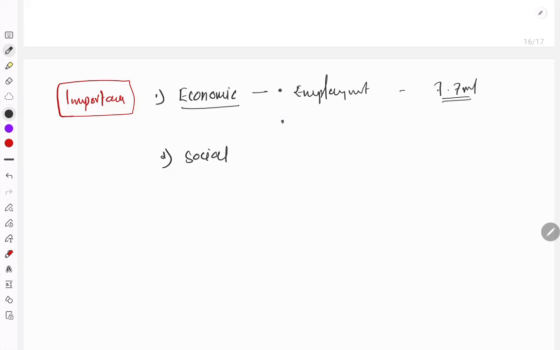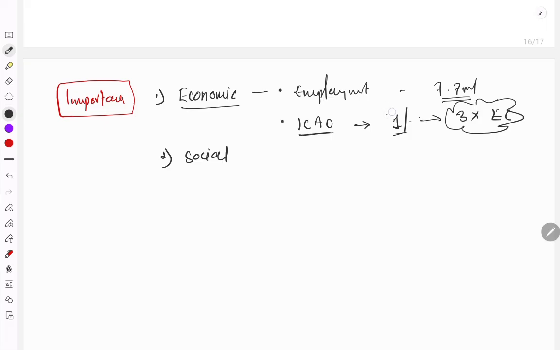The second important thing, as said by the International Civil Aviation Organization, is that if we invest 1 rupee in the aviation sector, it can create 3 times economic growth. It can contribute 3 times to the economy.